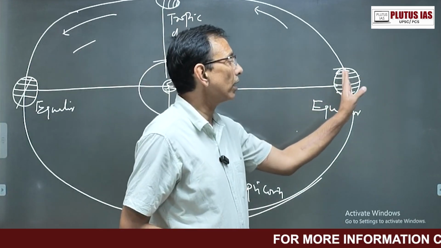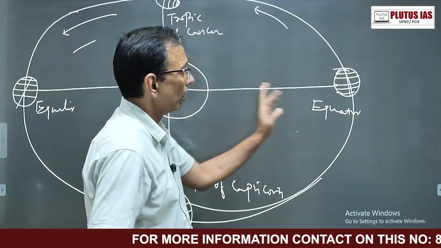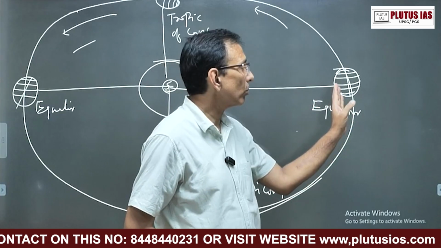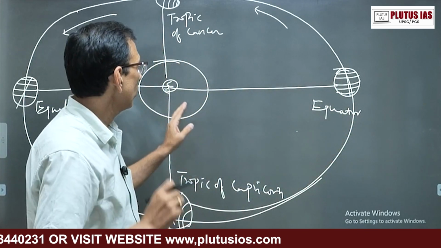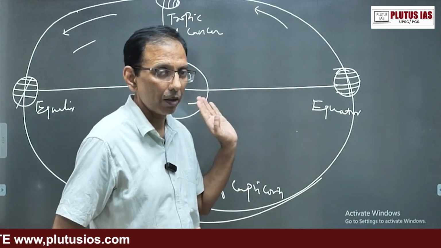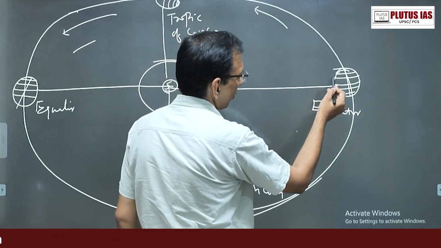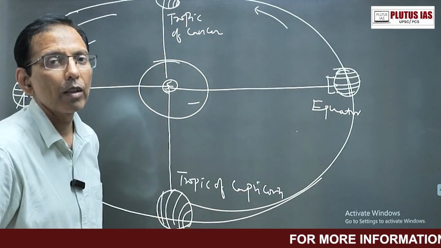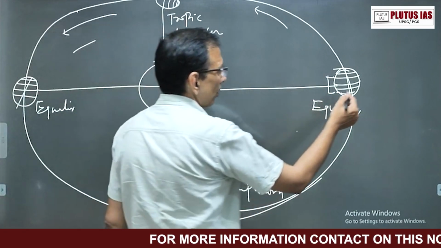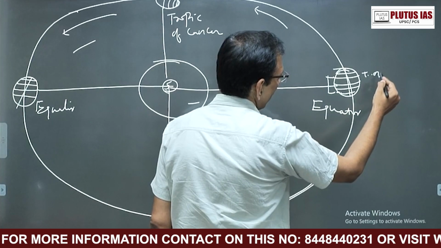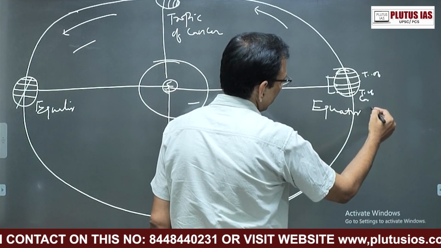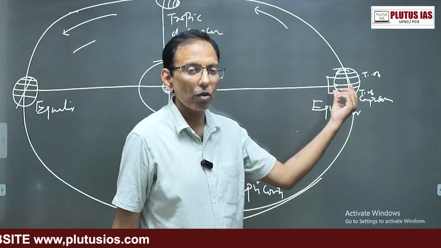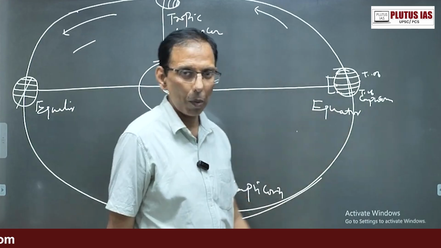Since there is some tilting angle of the Earth with respect to the Sun, the complete surface of the Earth would not be in direct contact with the Sun. So some part, more particularly the tropics, between the Tropic of Cancer and the Tropic of Capricorn, has direct appearance of the Sun over the Earth.